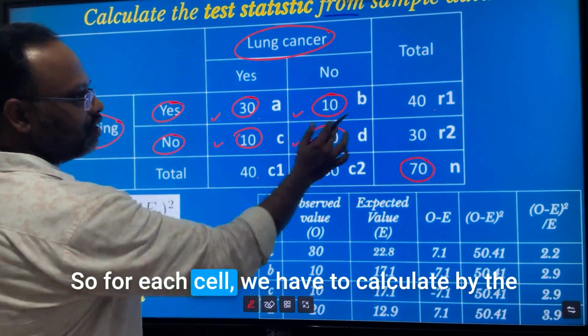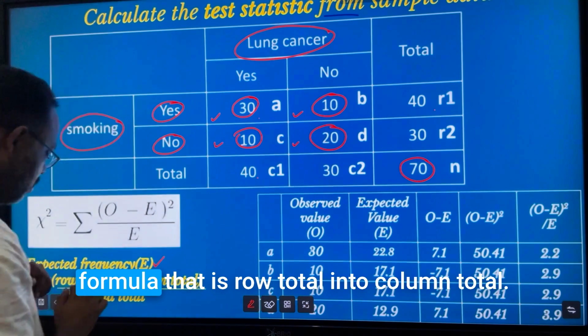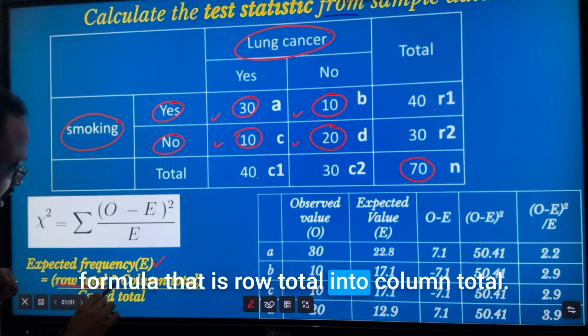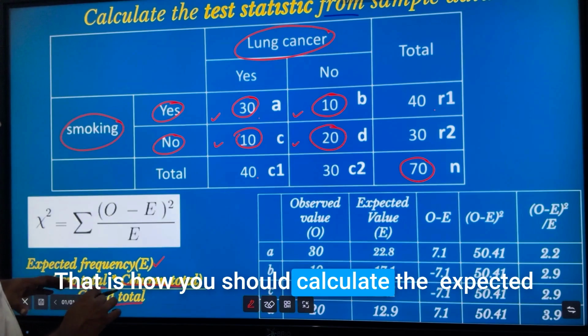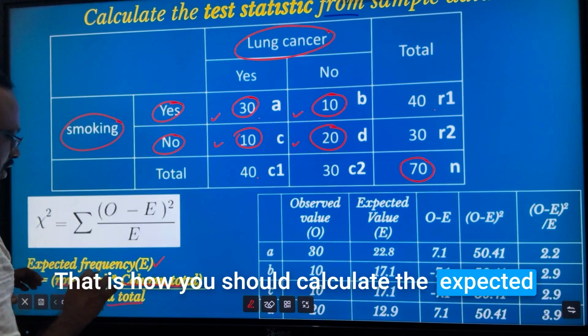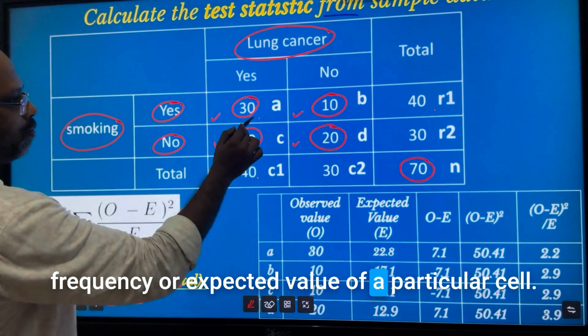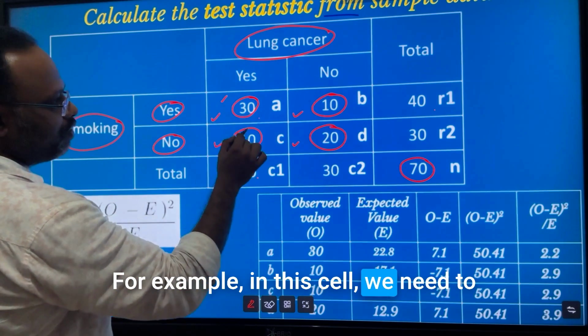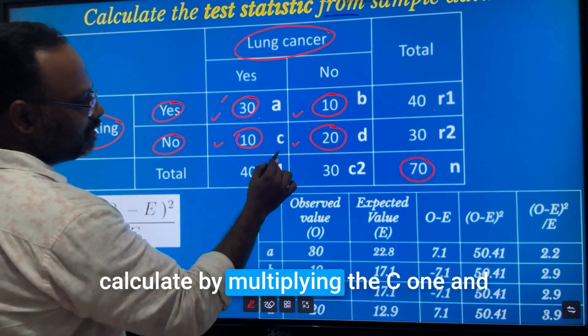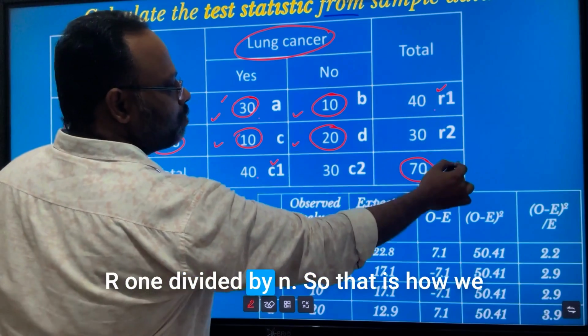So for each cell we have to calculate by the formula, that is row total into column total divided by grand total. That is how you should calculate the expected frequency or expected value of a particular cell. For example, in this cell, we need to calculate by multiplying the C1 and R1 divided by N.